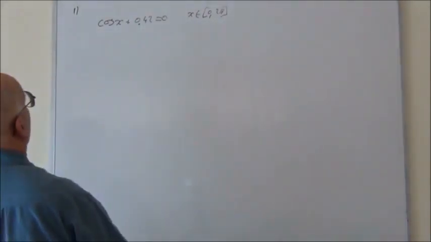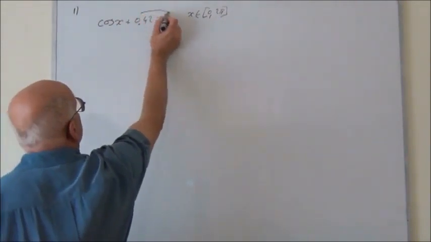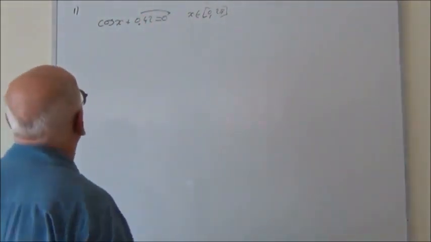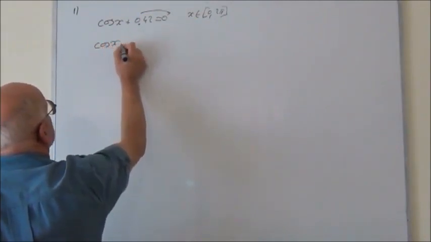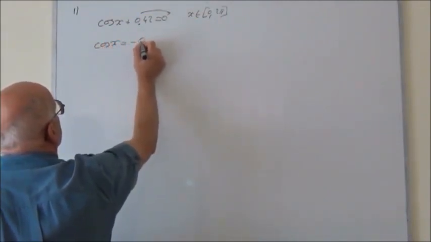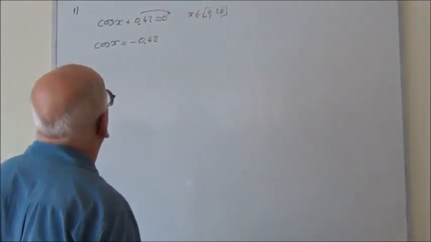Now, just a little adjustment: move this to the other side, and we have cos x equal to minus 0.42.